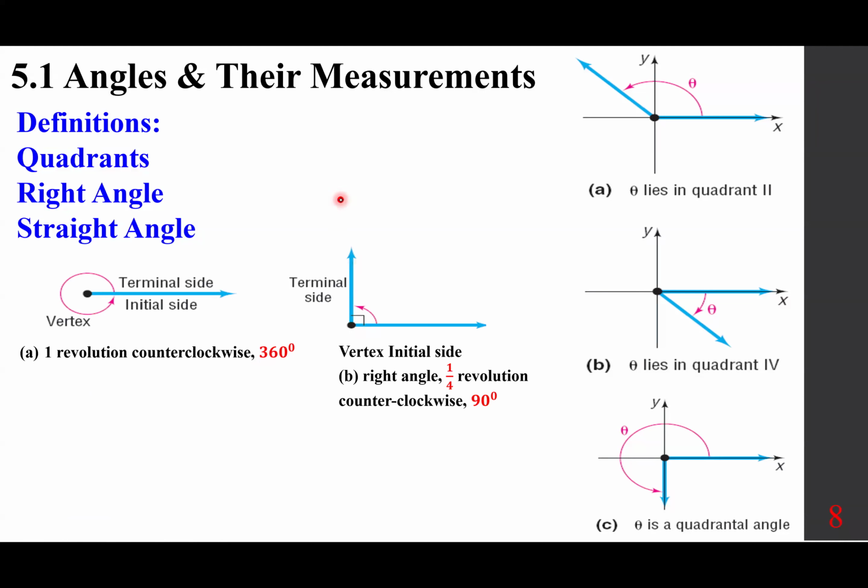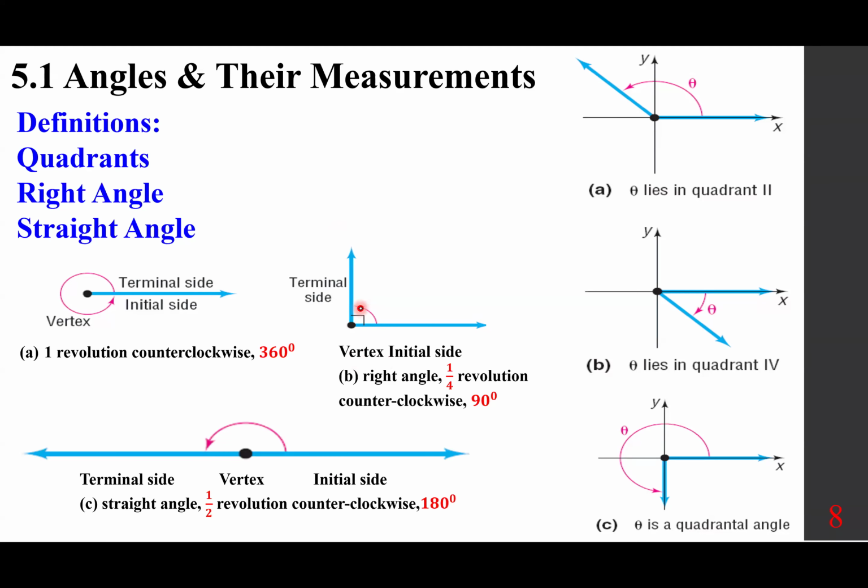The positive side of the y-axis, in essence, is the terminal side. A vertex, initial side, terminal side, right angle, that means 1/4 of a revolution counterclockwise, 90 degrees. So this is the initial side, this is the terminal side, this is the vertex.